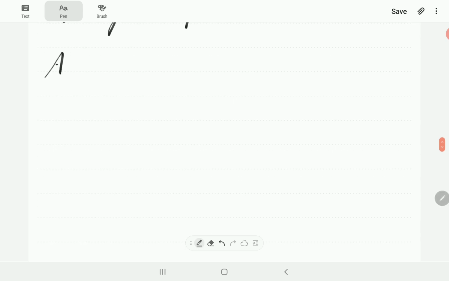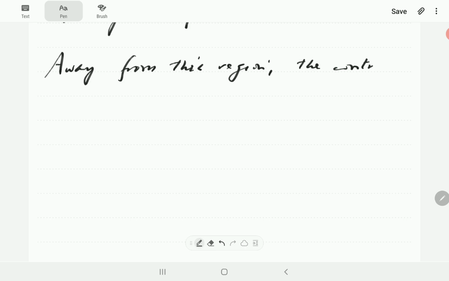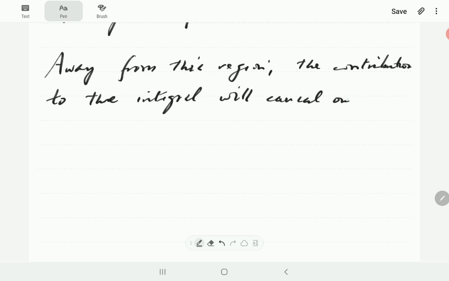Like I've already said, away from this region, the contributions to the integral will cancel out because they will have opposite signs.